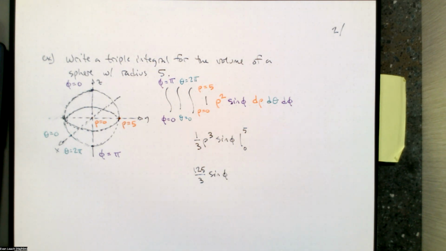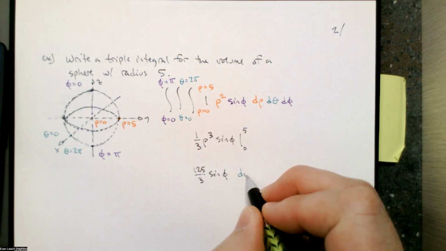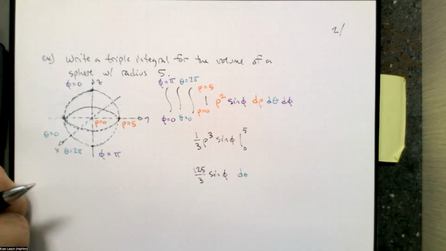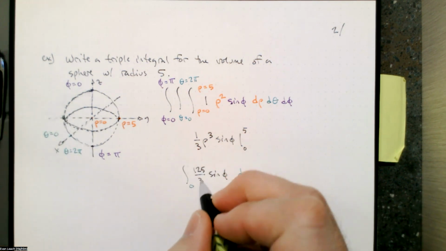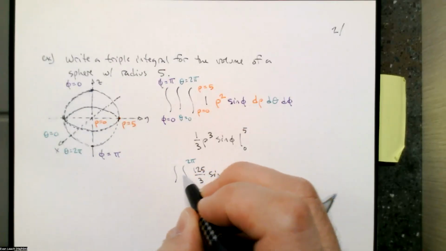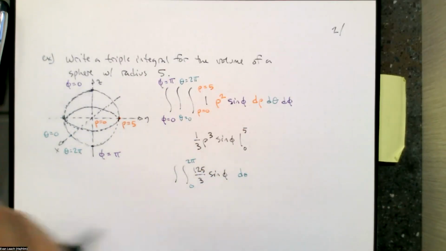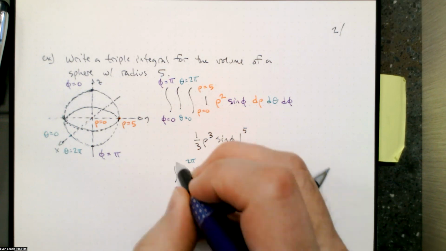Phi stays phi because we're plugging in rho, not phi. We haven't integrated phi yet. And when we plug in 0, we get 0. We still have to do the integral d theta, which is the integral from 0 to 2 pi. And we still have to do the integral d phi, where phi goes from 0 to pi.